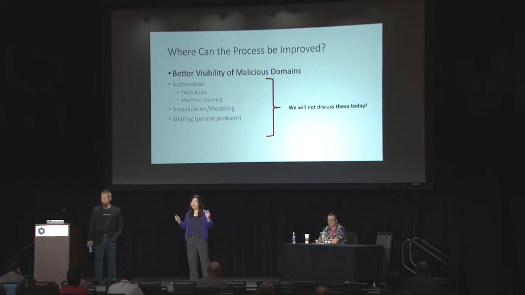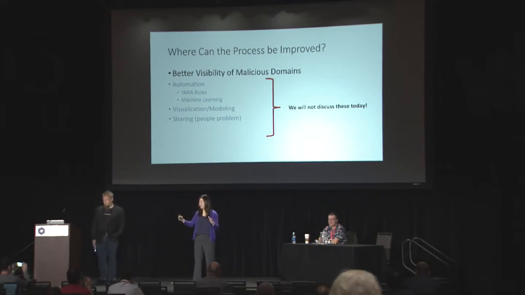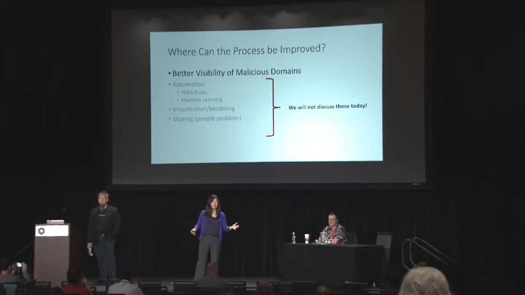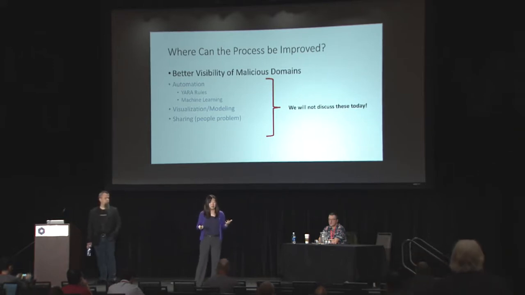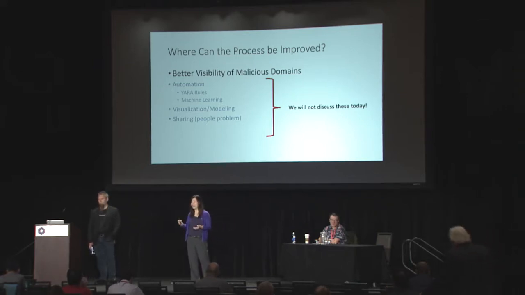So what are we going to really cover today in the talk? So now you have a better understanding of threat intel triaging, how that works, what the workflow looks like, what needs more work, what the gaps are. So today we're going to talk about how to obtain better visibility of the malicious domains that have accessed your network.